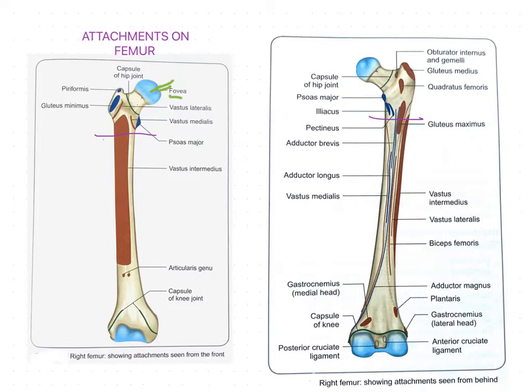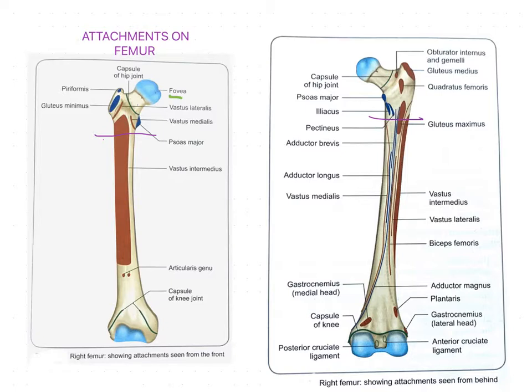Also, on the anterior surface of the head, at its inferior-medial part, it is related to the femoral artery. So these are the things related to the head.